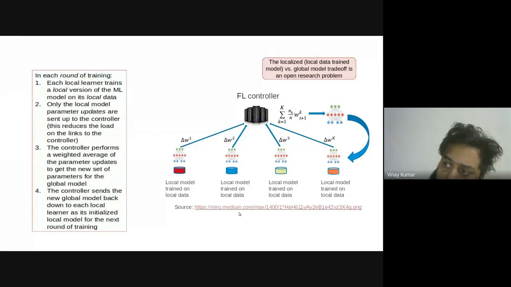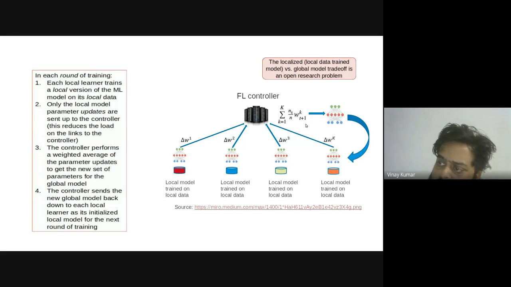Then nk is the number of data points used to train the model at that party, and wk are the parameters respective to the kth party, pushed to the FL controller.